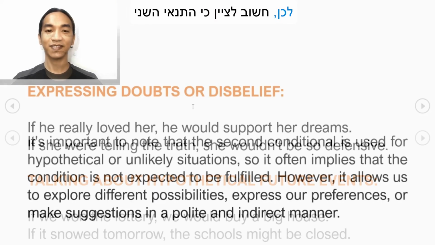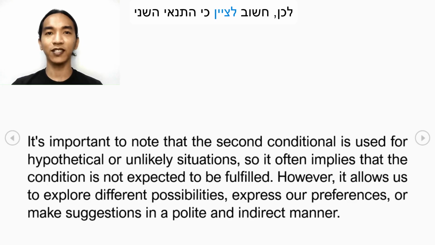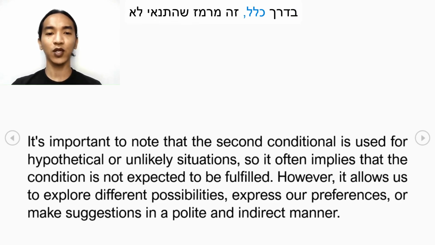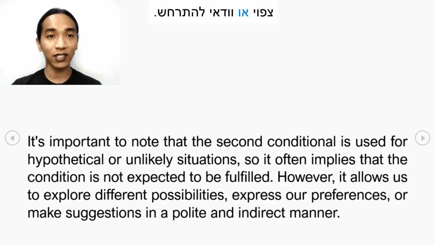Okay? So it's really important to take note that the second conditional is used for unlikely situations in the present and future time. So usually it implies that the condition is not expected to be fulfilled or to happen.